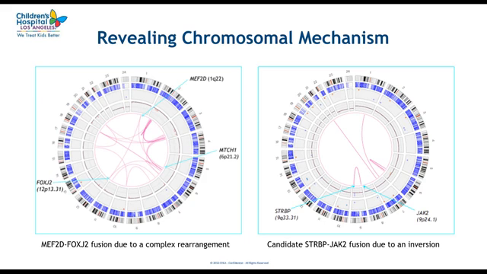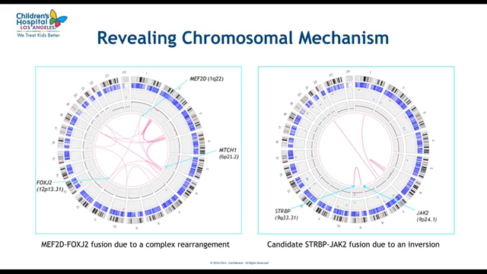And finally, what was very important to me as a cytogeneticist was that optical genome mapping gives you information about chromosomal mechanism, about the nature of the chromosomal rearrangement that results in an abnormal fusion. When you detect abnormal fusions by methods like RNA-seq, you can see the presence of a fusion, but you really don't know what is the chromosomal rearrangement that resulted in the fusion.